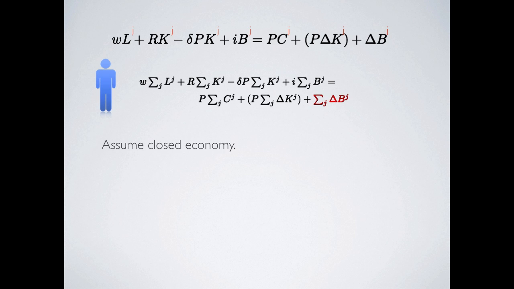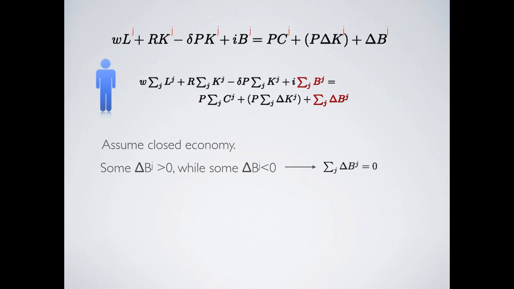In this economy, if somebody lends money in this period, which means their delta Bj is larger than 0, there must be somebody who borrows money, which means their delta Bj is less than 0. Because somebody borrowing means somebody must be lending, the sum of the total bond investment must be equal to 0 in a closed economy.